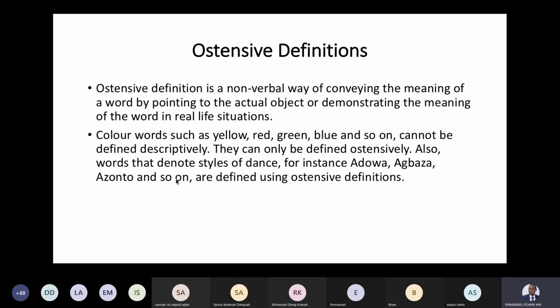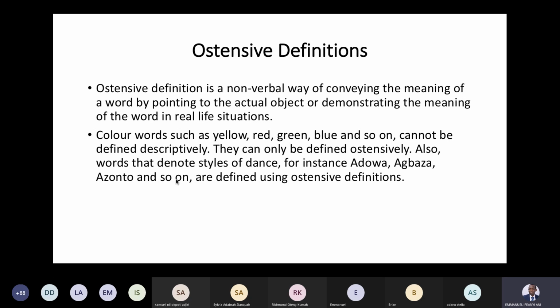There are certain words we cannot define in a verbal way. There are no words for defining such things verbally. You can only point at them. For instance, color words such as yellow, red, green, blue, and so on cannot be defined descriptively. You can't define yellow in writing.